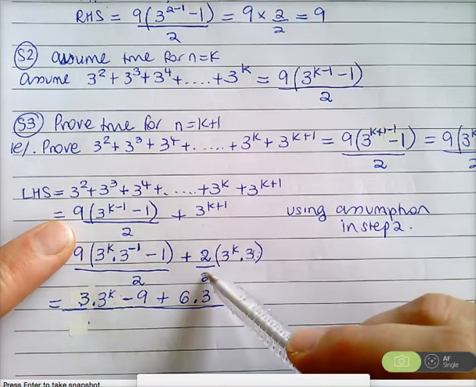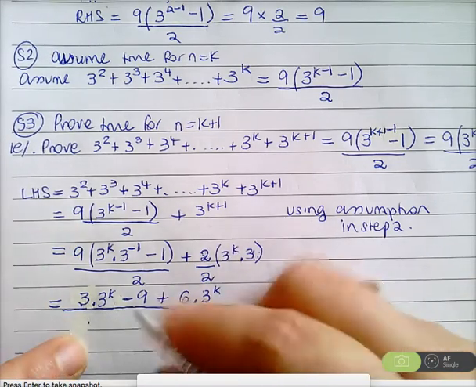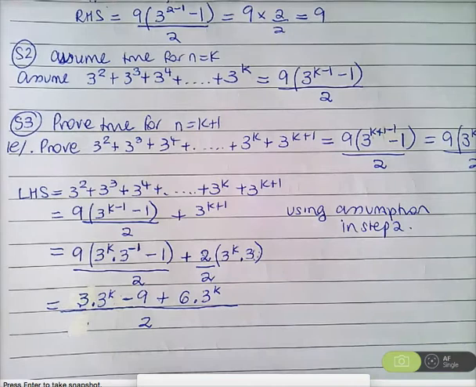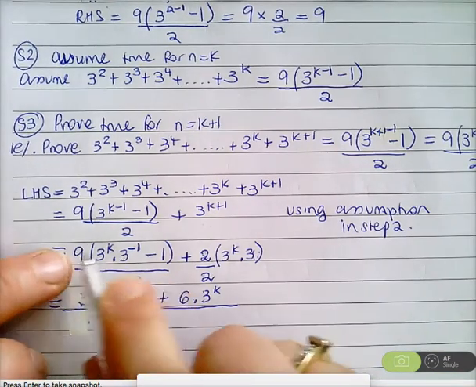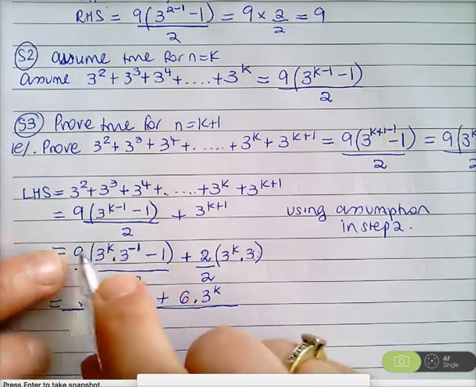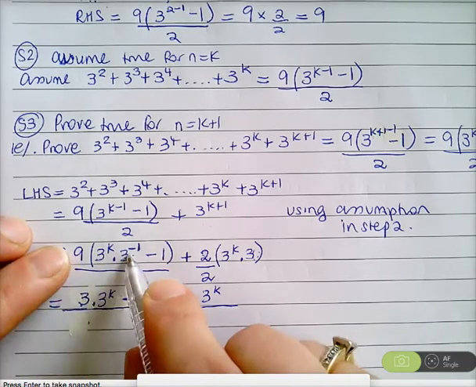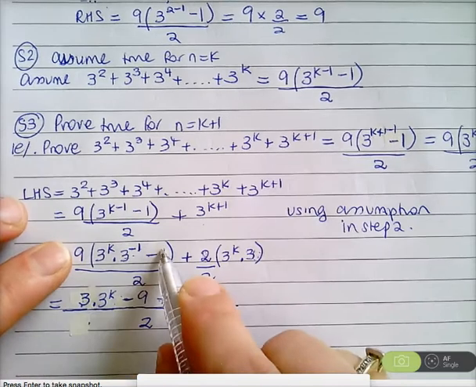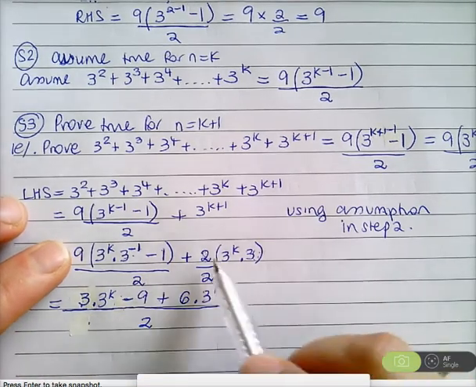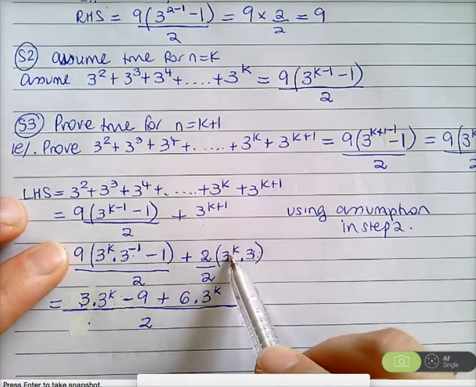So what I did, I put 2 on 2 in front of the second expression. Now everything has a denominator of 2. So I expanded. Just when you're doing this sort of expansion, just multiply this with the other number there, not with any powers. So 9 times a third is 3. 9 times minus 1, you get minus 9. And 2 times 3 is 6 times 3^k.